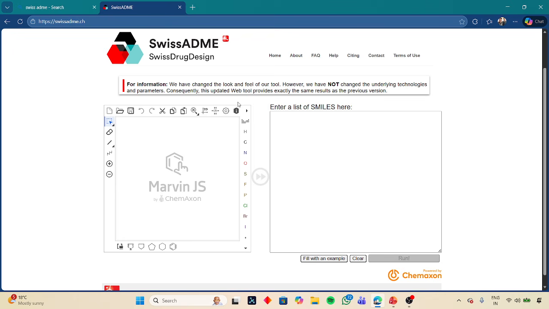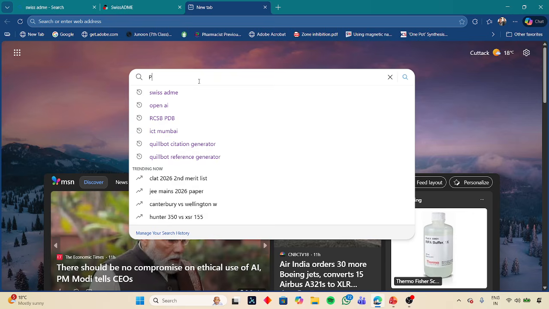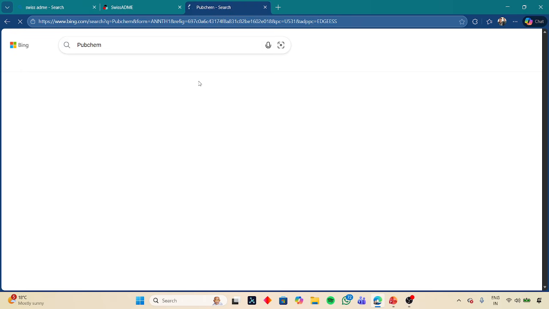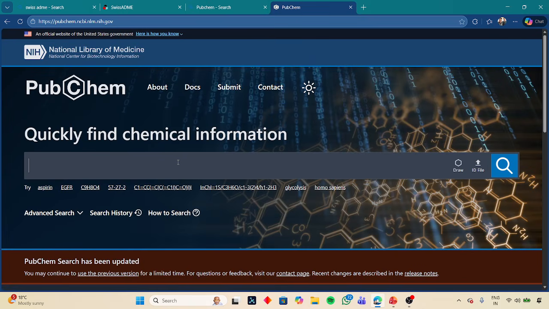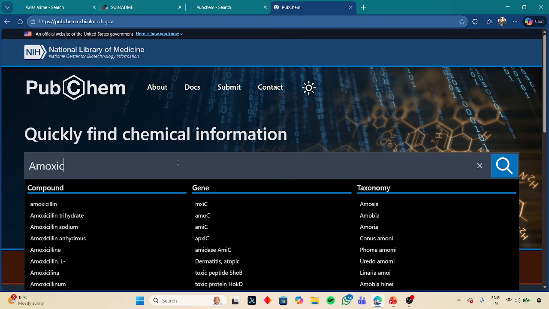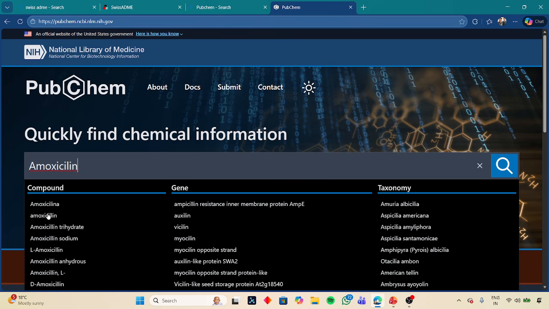In this interface you can draw your drug molecule, or if you don't want to draw it, simply go to PubChem, search PubChem, click on that, then search your drug molecule, that is amoxicillin, and you can see that amoxicillin has appeared here.